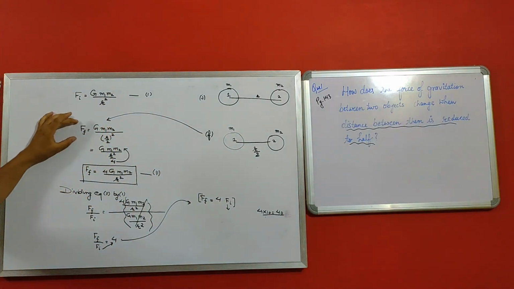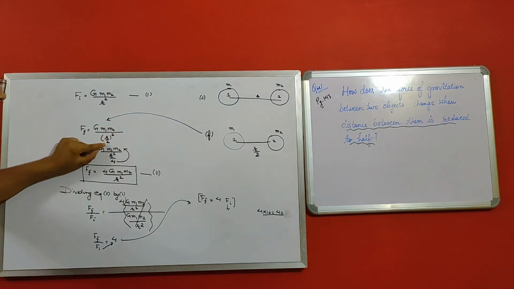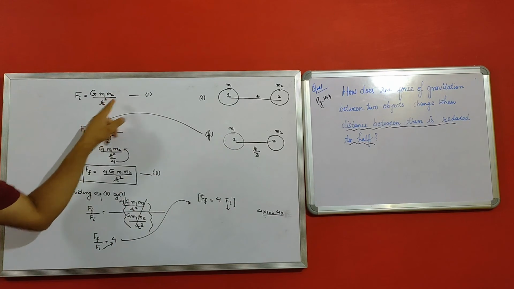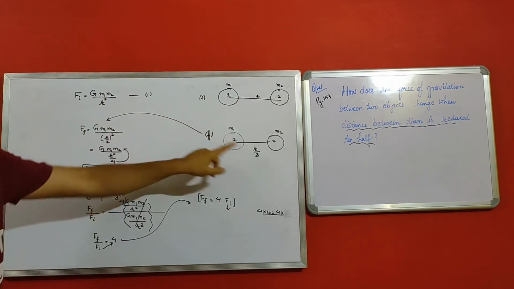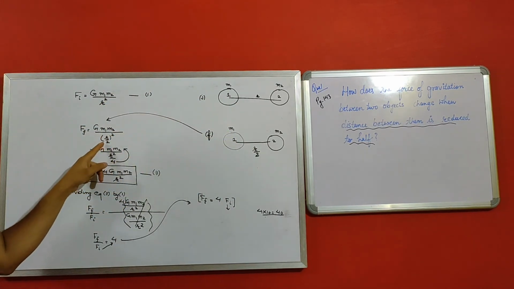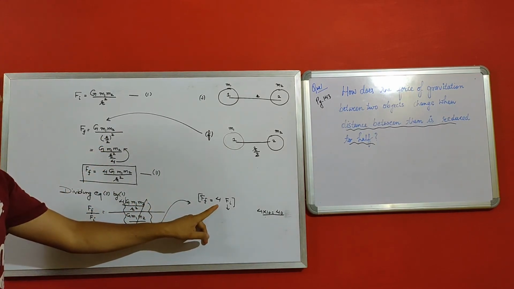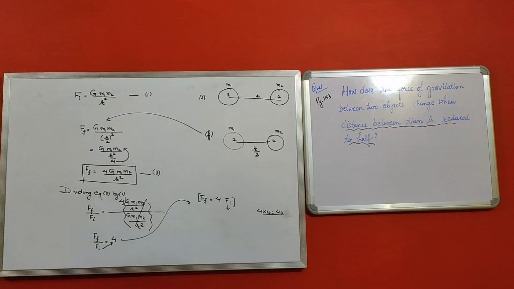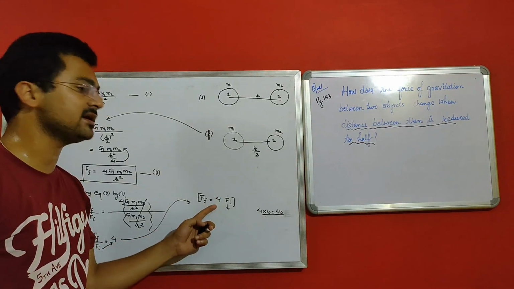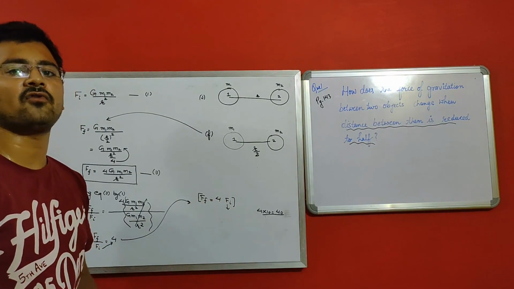Substitute this value in final, as the distance is r by 2. Initial distance is r, final is r by 2, half the original distance. Solve this, then divide. Final will become 4 times the initial force. If initial is 100, then it is 400. 10, then 40. Thank you.